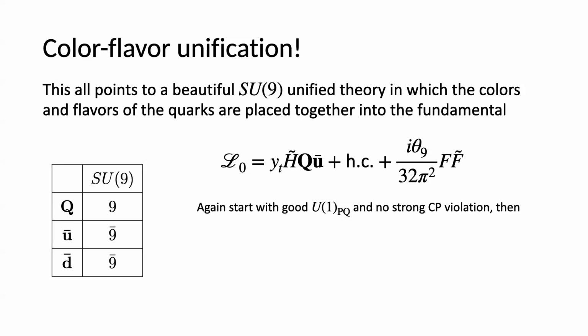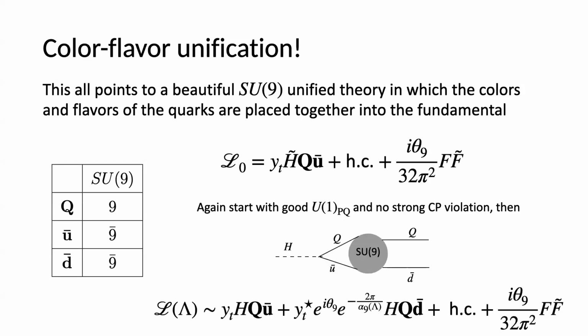You only write down the up-type quark Yukawa. The top is the largest, so I put that there. Again, there's no CP violation to begin with. And then as you flow down, we have these instantons, which generate 't Hooft vertices that can generate for you a down-type quark Yukawa, now a bottom Yukawa, the largest one, while preserving strong CP.